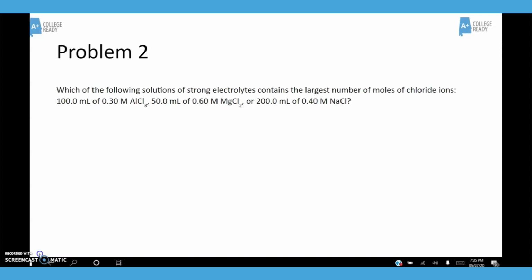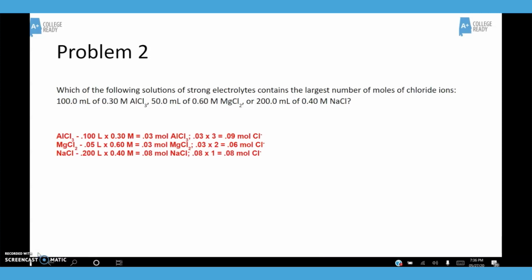Now, a common misconception that most students will have is that they'll calculate the aluminum chloride and the magnesium chloride and say that those both have the same number of moles, therefore they're equal, therefore sodium chloride. But they forget that the subscript of the chlorine has to be multiplied to the moles.